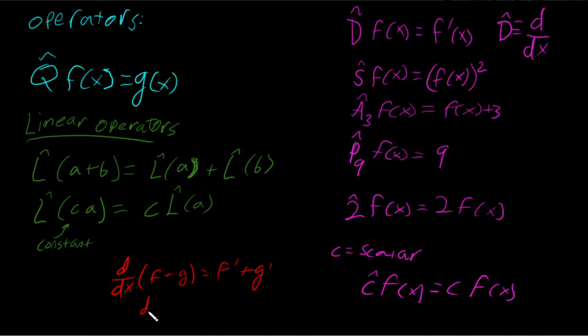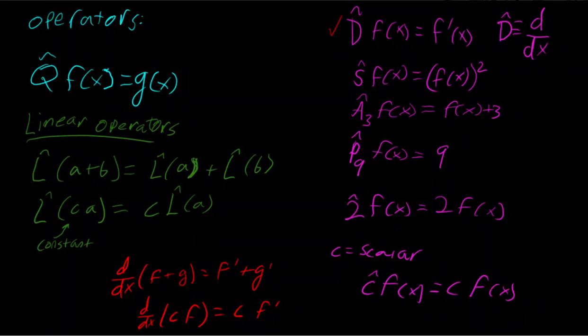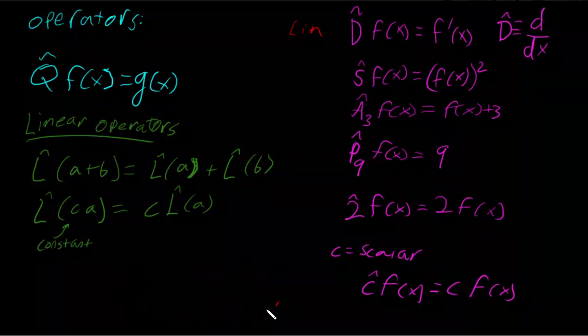And the derivative of c times some function is equal to c times f prime. These are properties of derivatives. So, just by properties of derivatives, this is linear.